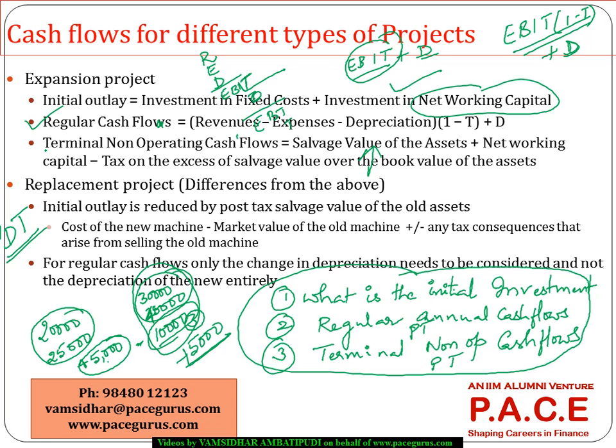Similarly, whenever I am looking at a replacement project, the only differences I may have to look at are that in the replacement, the initial outlay will also include the old equipment that is sold off, the post-tax benefit I get by selling off the old equipment.